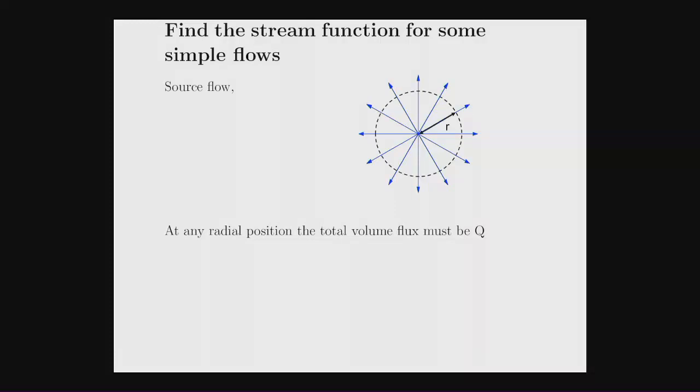So if I take this control surface here, which I've defined as 2 pi r times 1, where 1 is just a unit depth, my total volume flux is going to be equal to 2 pi r times 1, the unit depth, times ur, and this has to be a constant.